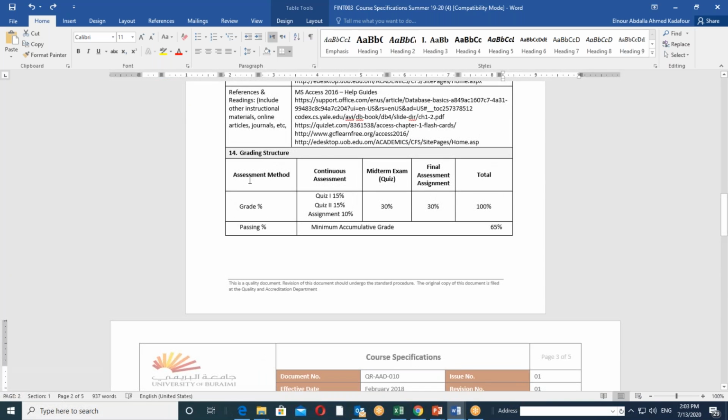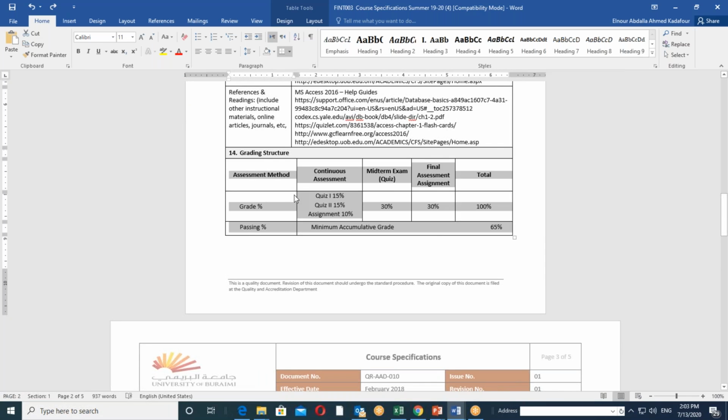So the structure over here, that is assessment methods. We have continuous assessment: quiz 1 5%, quiz 2 15% again, and assignment. So the total will be 40. We call it continuous assessment, and 30 for the mid-term.